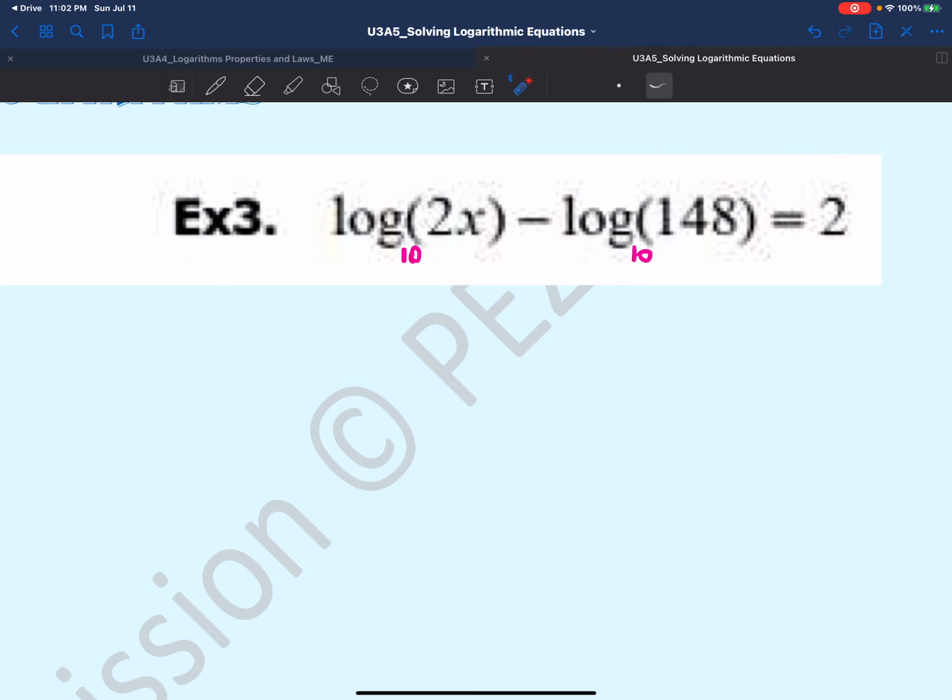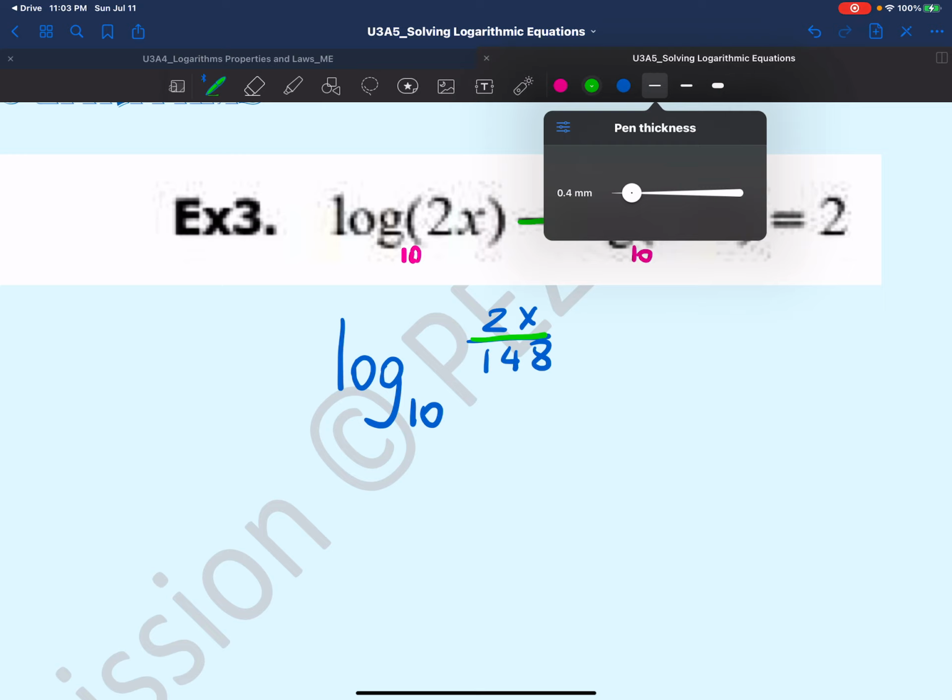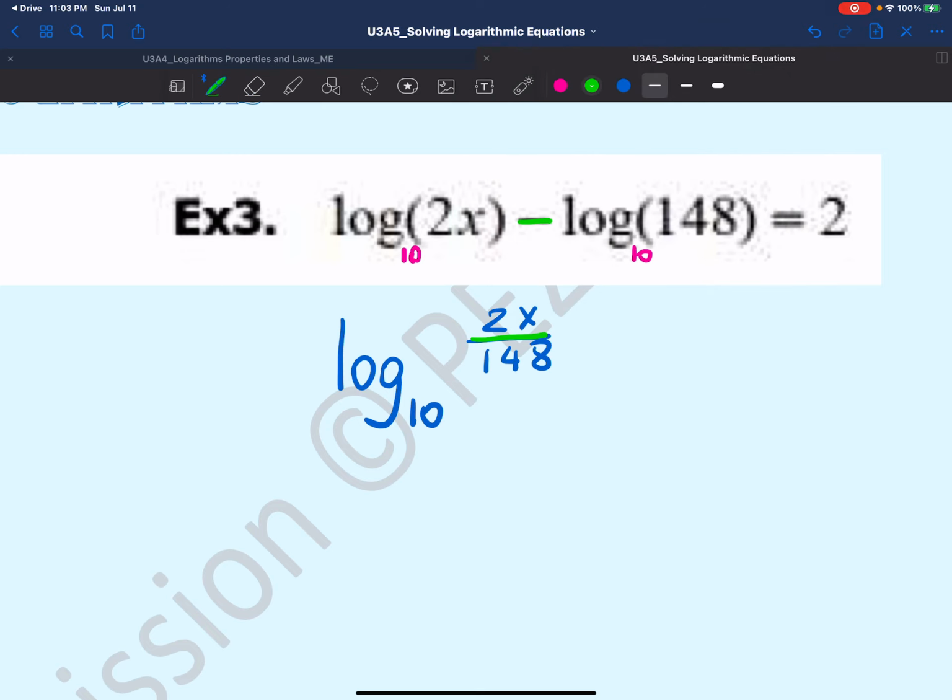So what I would do in this case is combine the two terms on the left side, since they already have a common base, and we'll say that the left side can turn into log with base 10 of 2x divided by 148. Division because we have subtraction here. And that would equal 2.